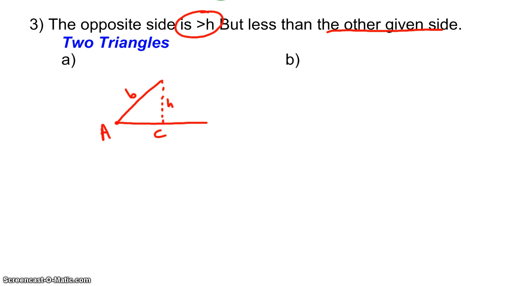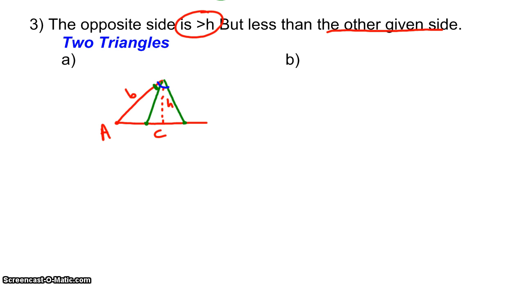And what this is saying is that the side is larger than h, so it could come in here, a little longer than h, creating an acute angle there, or it could expand and go onto this side. And what you'll see is we have two triangles created then.